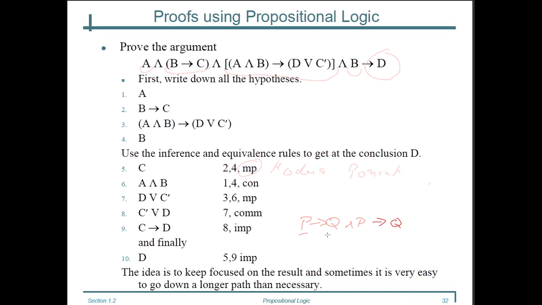So this is probably the most popular inference rule and most likely to be applied to something. That is called modus ponens, MP, and we use it all the time.